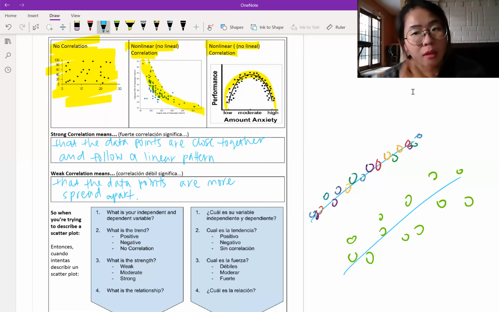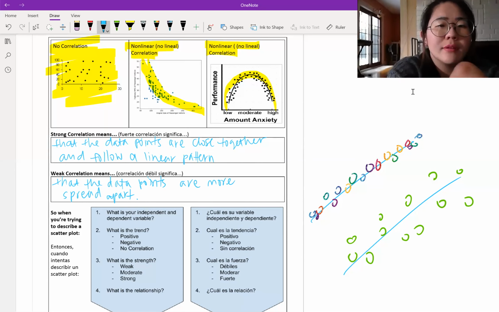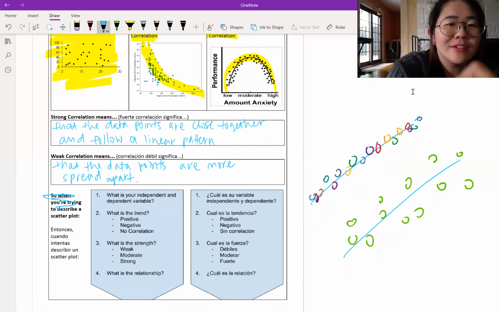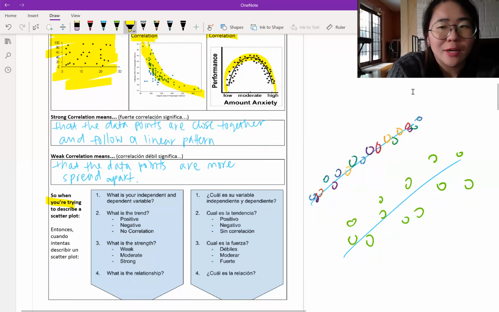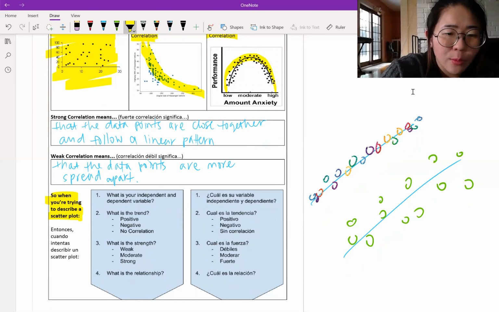All right. Now, when you are trying to describe a scatter plot, I want you to think about these 4 questions, okay? What are your variables? What's the trend? What's the strength? And what's the relationship?